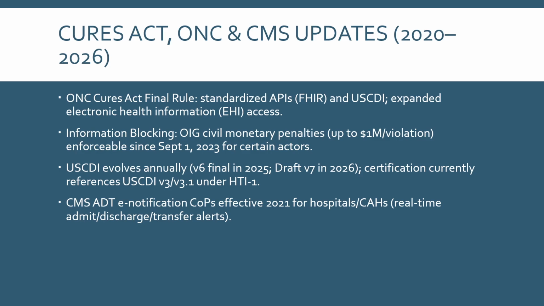Then this evolves annually. The draft version for 2026 just got out, and you can go and take a look at what the standards are, and we are going to review that in the session on standards.